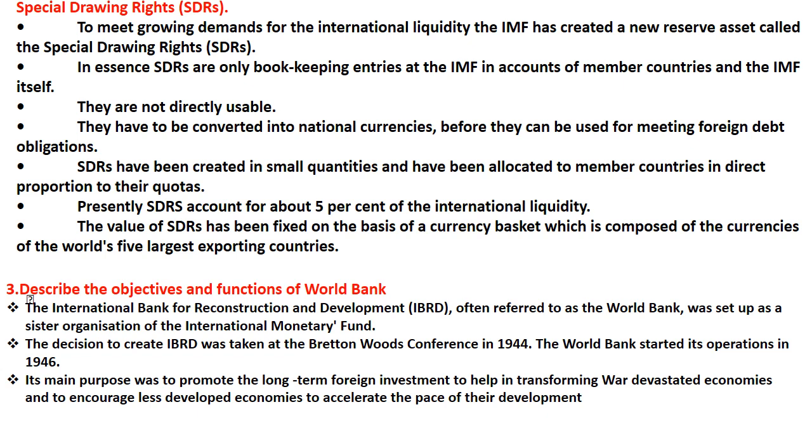World Bank started its operation in 1946. The main purpose of World Bank was to promote long-term foreign investment to help in transforming the war devastated economies, and also for encouraging less developed economies to accelerate the pace of development. So these are the important objectives of World Bank.